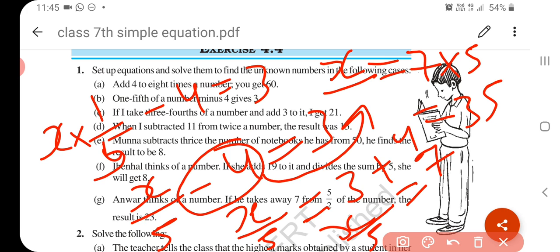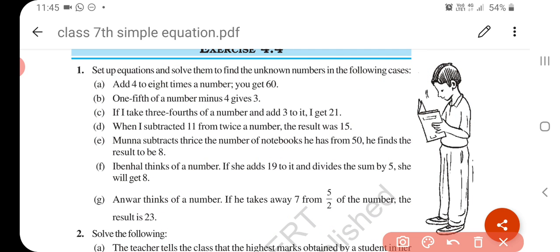Let's check whether our answer is right or wrong. Okay, so put the value of x in the first equation. What is our first equation? Our first equation is x upon 5 minus 4 is equal to 3.